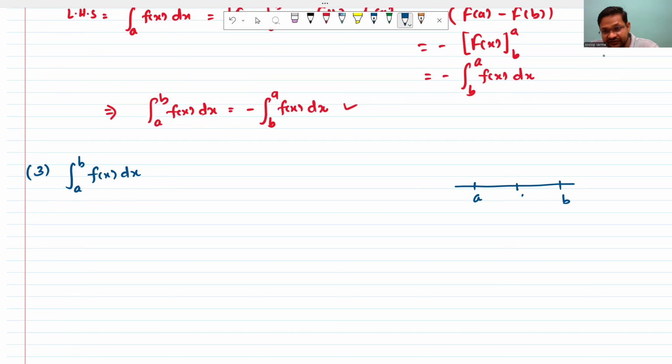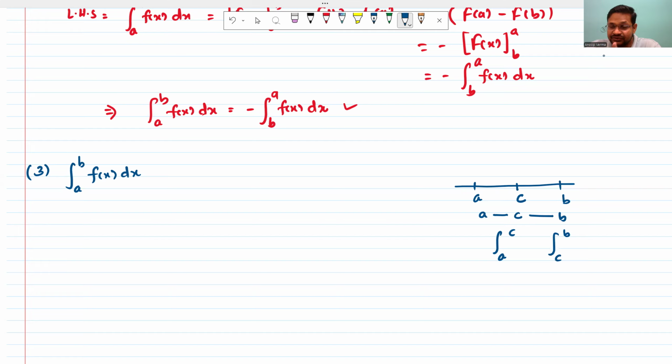If we break this interval with this c, now we have two intervals, a to c and c to b. Integration will be possible in both intervals, because the function is continuous throughout the interval a comma b.